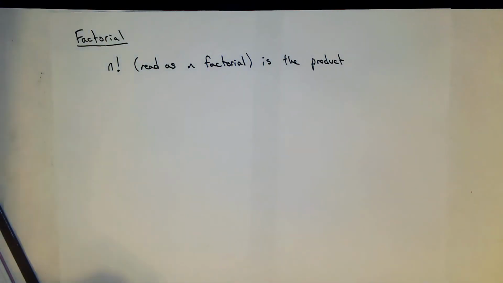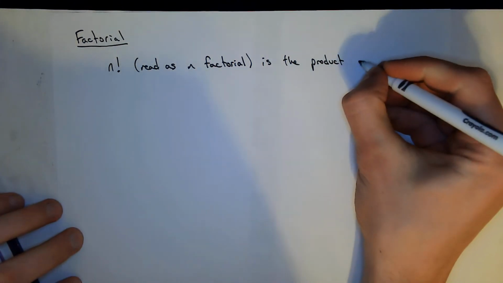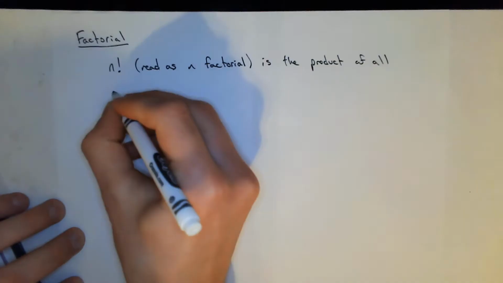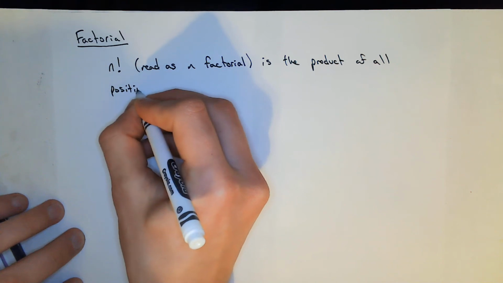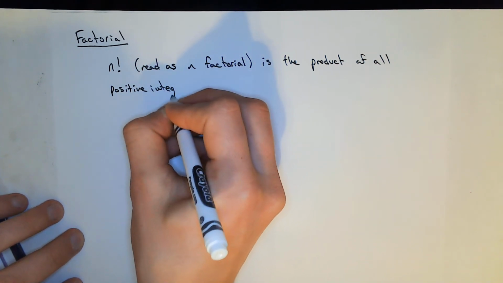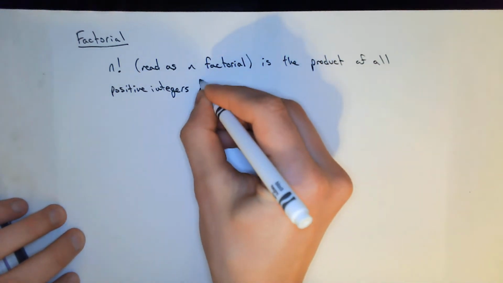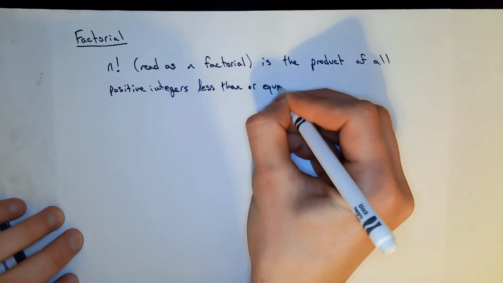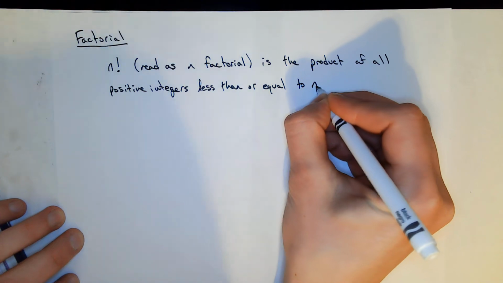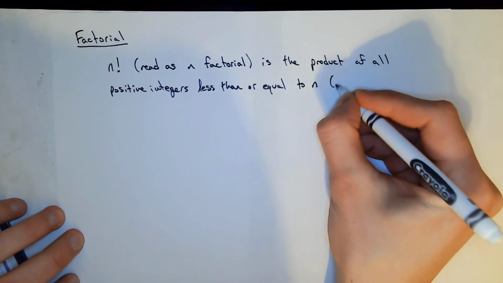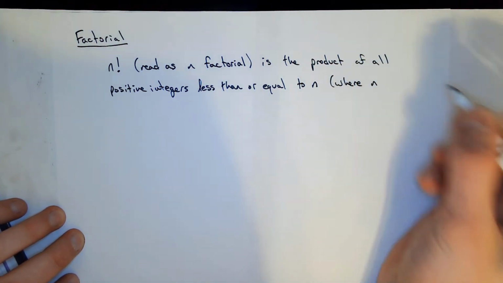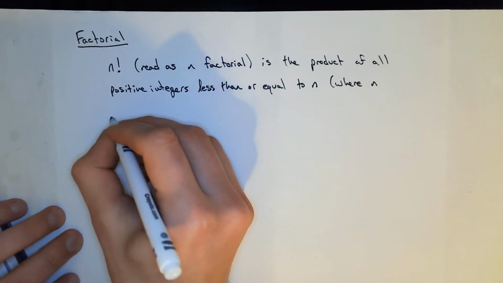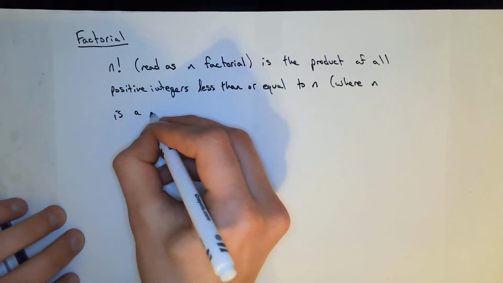N factorial is the product of all positive integers less than or equal to n, where n is understood to be a positive integer.